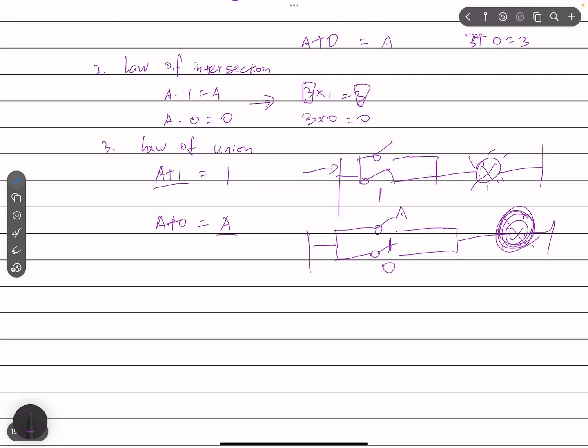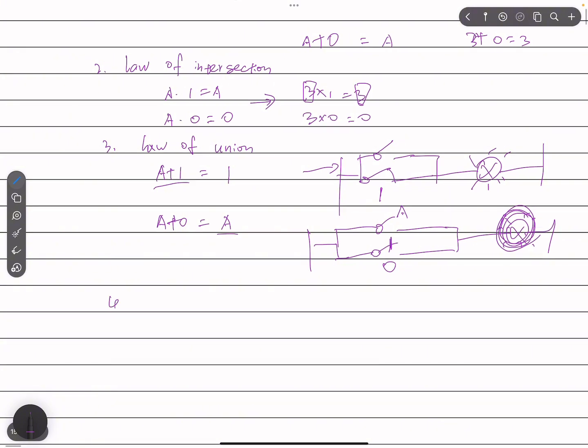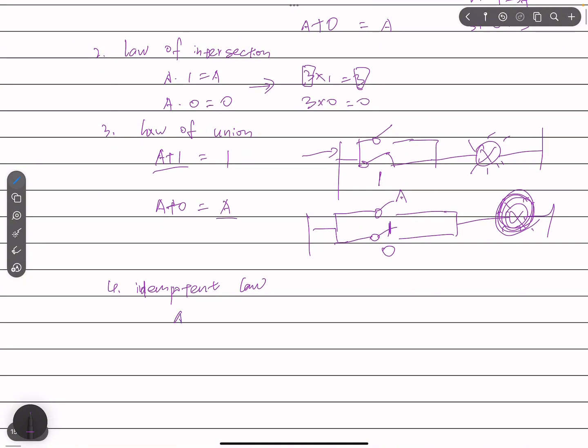We also have the idempotent law. So A times A equals A. So let's say 0 times 0 will be 0, 1 times 1 will be 1. That's what it means, A is something times itself.